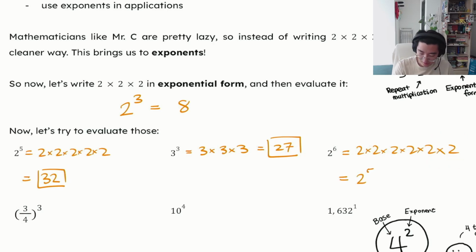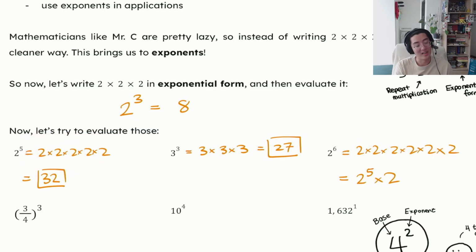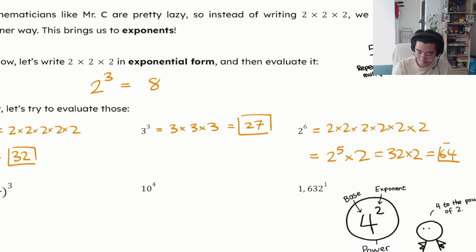So it's just 32 times 2, which is 64. Of course, you can do it from scratch as well.